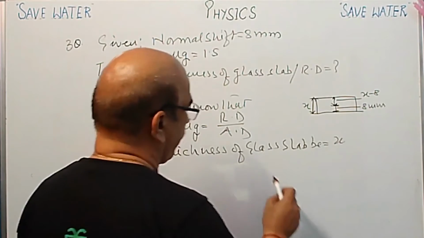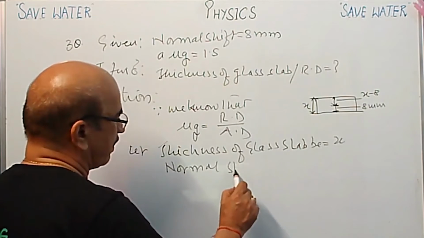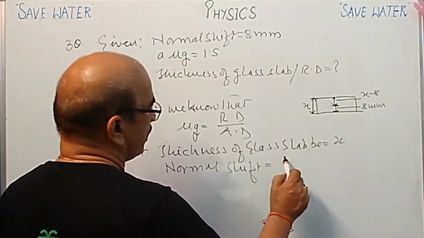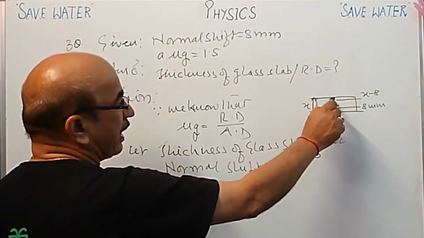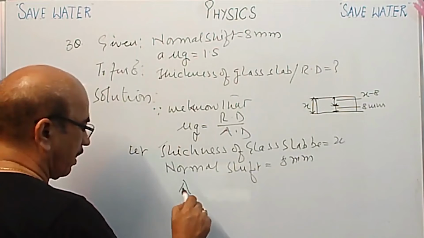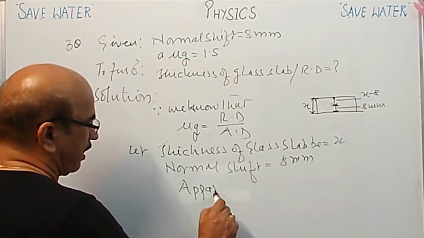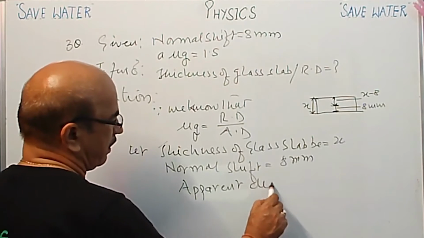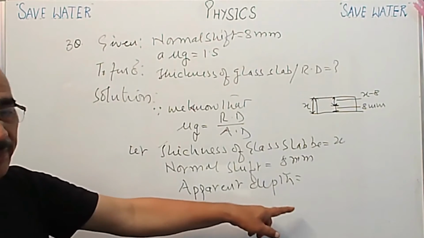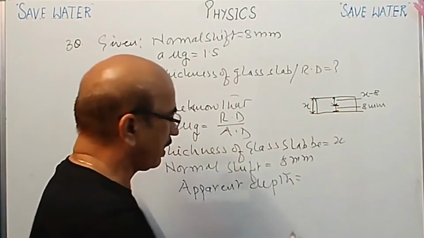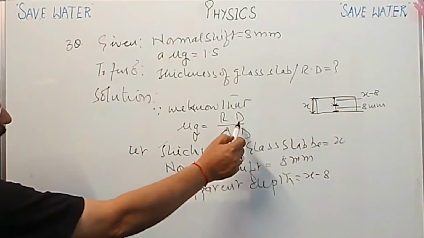This is our x. Okay, and normal shift is how much? 8 millimeter. So therefore we can find out apparent depth. Apparent depth will come. Therefore apparent depth, I am writing it fully. Apparent depth. How much will this be? Yes, apparent depth will be x minus 8. x minus 8.